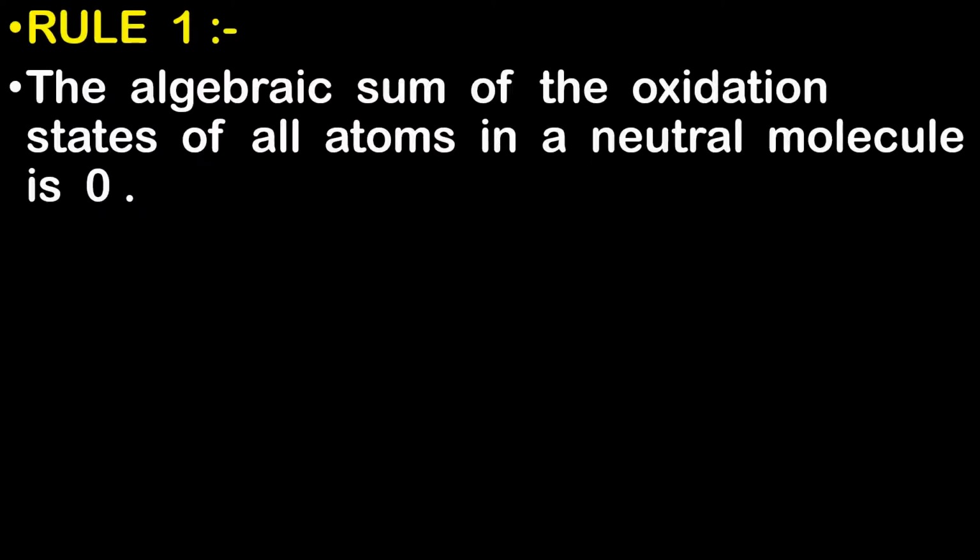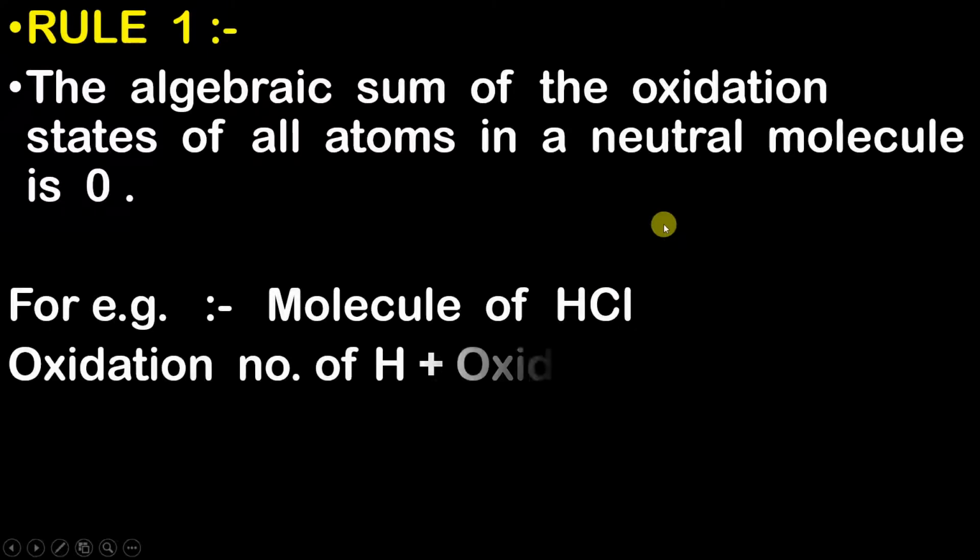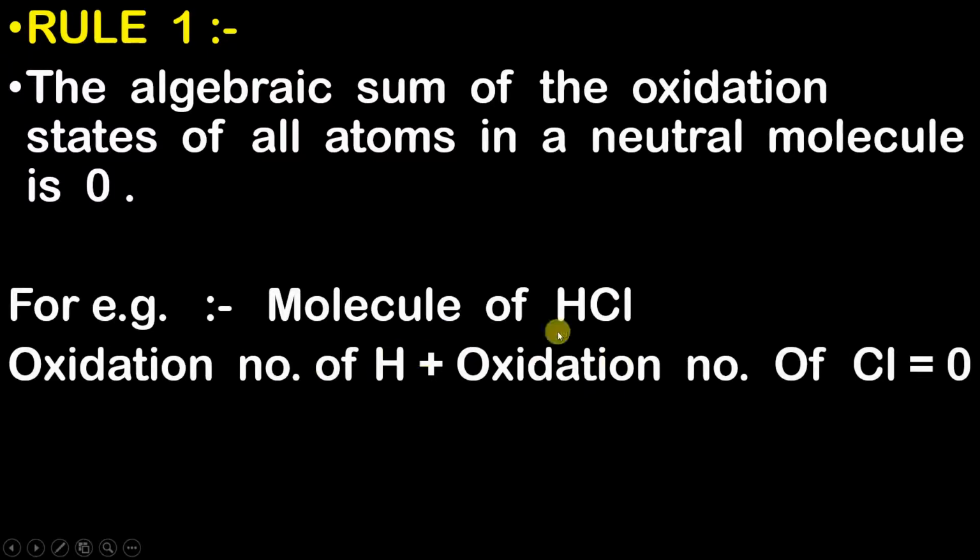What is the meaning of this? Let's understand with the help of an example. Here we take the example of a molecule of HCl, the same example, to understand in a better way. HCl is made up of a hydrogen and a chlorine atom.